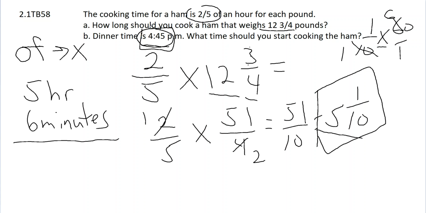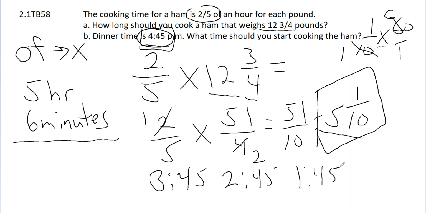So we're going to count backwards from 4:45 by the hour. 1 hour prior is going to be 3:45. 2 hours prior would be 2:45, 1:45, 12:45, and finally 11:45 is 5 hours earlier than 4:45.